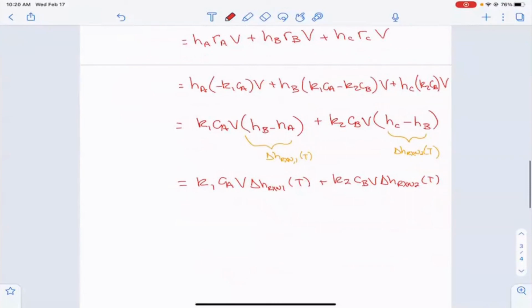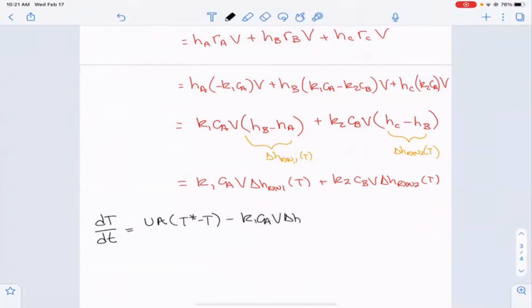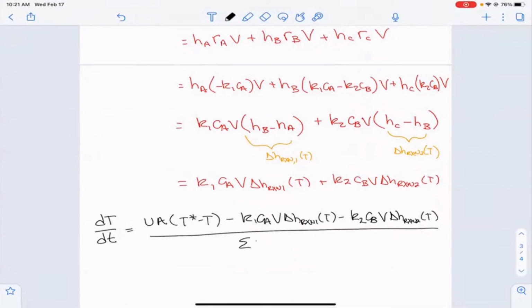And so when we do that, we have our energy balance, which is that dT/dt equals UA times (T star minus T) minus k1 C_A V times delta H for reaction 1 minus k2 times C_B times V times delta H for reaction 2, divided by the sum of N_i C_Pi. Okay.